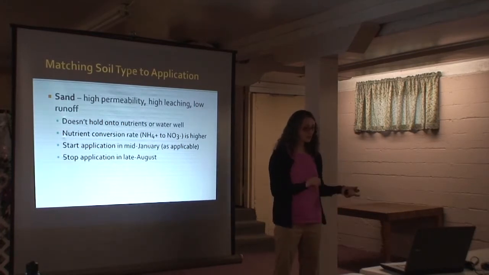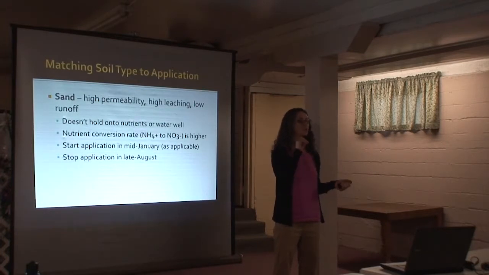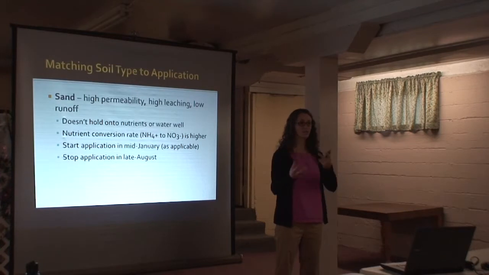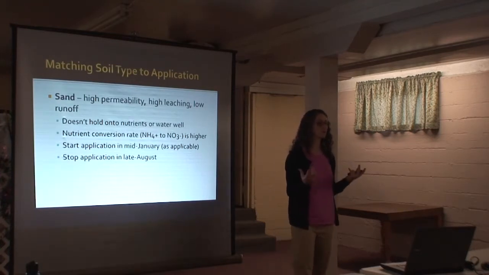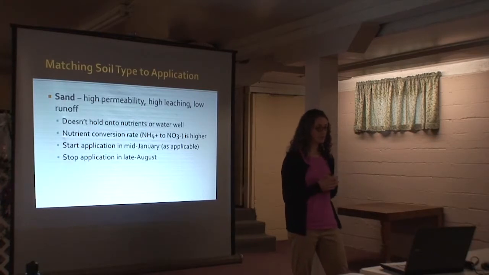The nutrient conversion rate is higher, so the rate at which the nitrate or ammonia nitrogen converts to nitrate can be higher because there's more oxygen in those soil types. There's more microbial action. Those soil types can actually kind of support a warmer pore space in there at certain times of the year. So you're going to have typically a higher conversion rate, seasonal dependent.